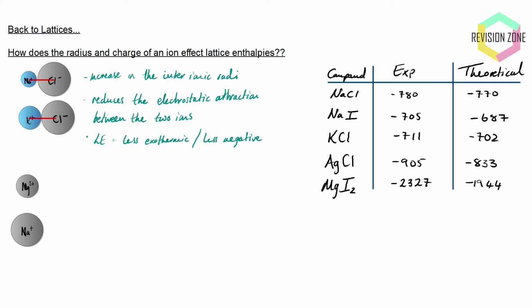That indicates that the charge has a bigger effect on the lattice enthalpy than the inter-ionic radii or the ionic radii of each ion. So this is quite important. You can almost think of it as superseding anything.